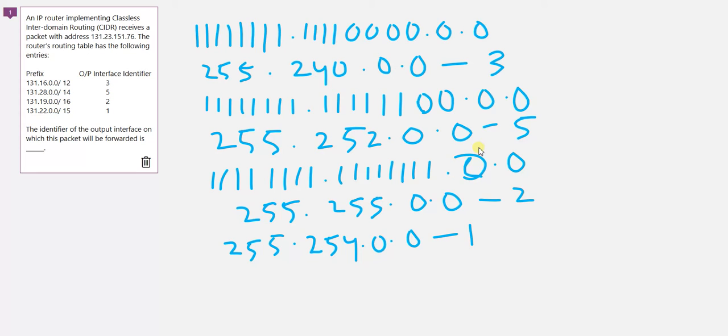Now we AND the IP address of the received packet with all these subnet masks, so that we get the network ID of the receiver network.